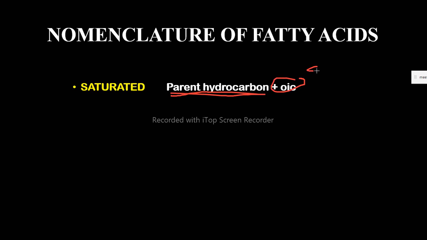Remember, they are carboxylic acids, and that's how we name carboxylic acids. For example, CH3COOH: you get the parent chain, which is eth, and that is ethane, and then you add oic. So it is the same thing.